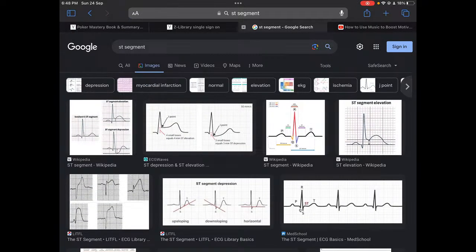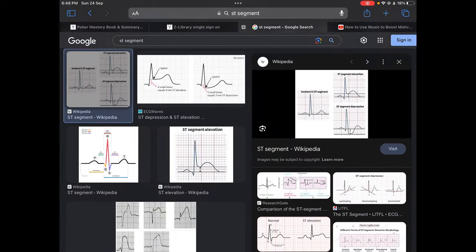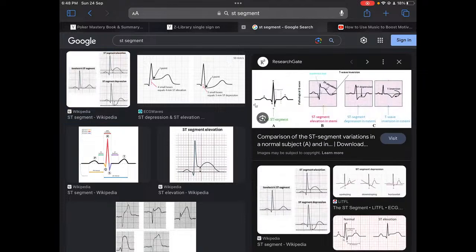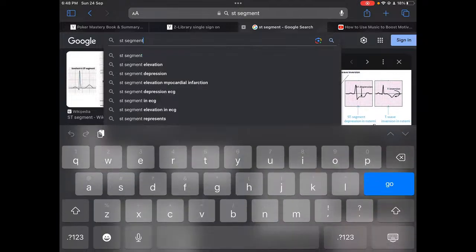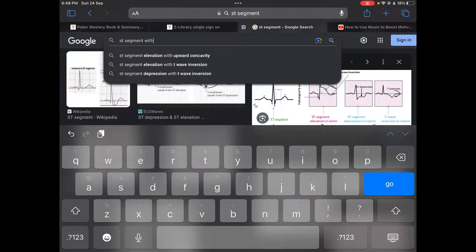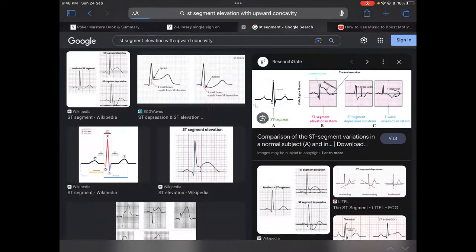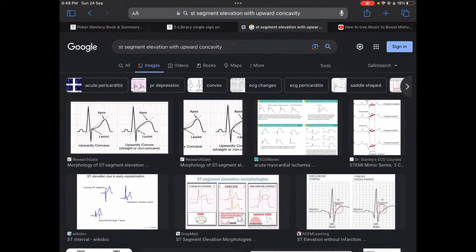Okay, this is elevation of the ST segment. Here I can see this ST segment elevation, with and without concavity, with upward concavity.